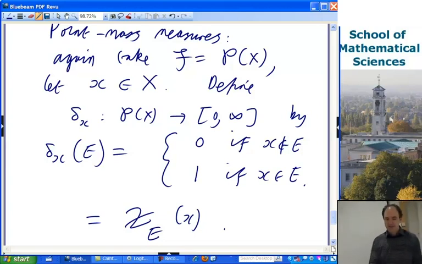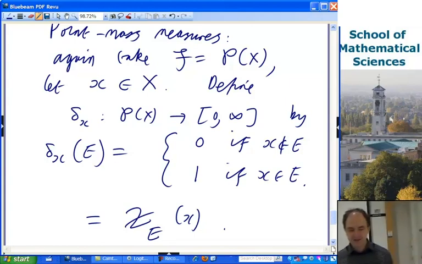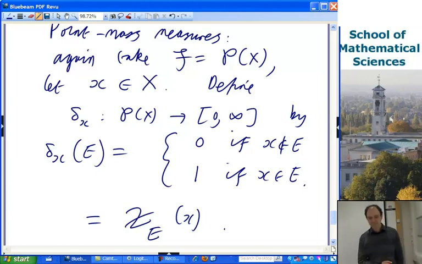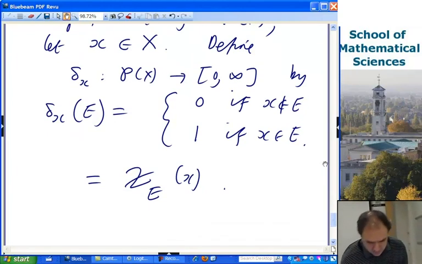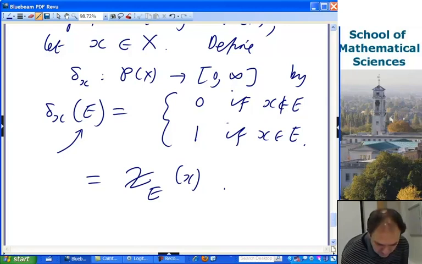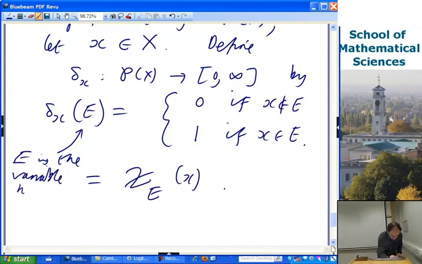The other one is a function of little x, and that's from X. So the characteristic function and the point mass measure are not the same, because one is a function of little x and one is a function of the set E. Different variable, completely different kind of variable. So E is the variable here. And here x is the variable.